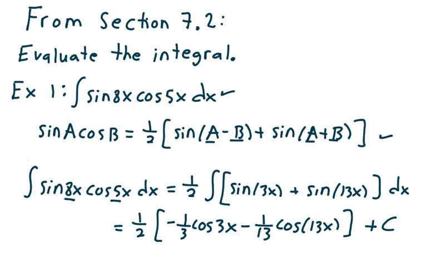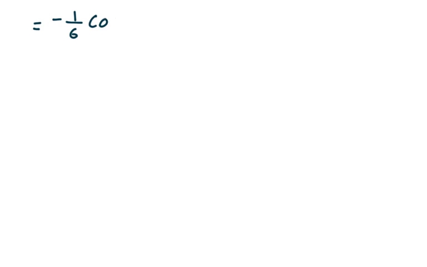And so when I distribute that 1/2 in, I get negative 1/6 cosine 3x minus 1/26 cosine of 13x plus c. And that's how you do example 1.